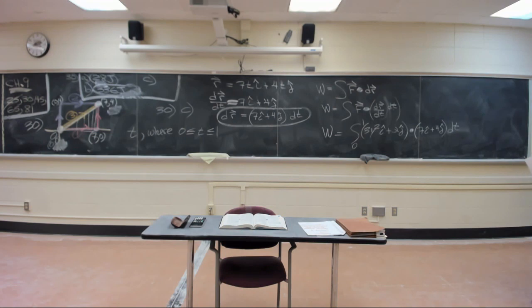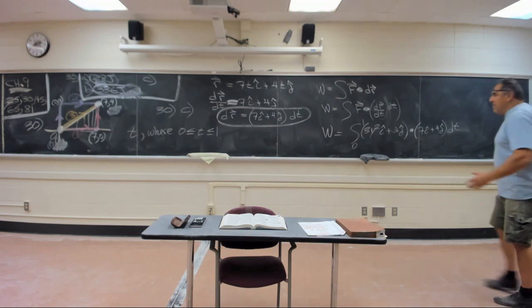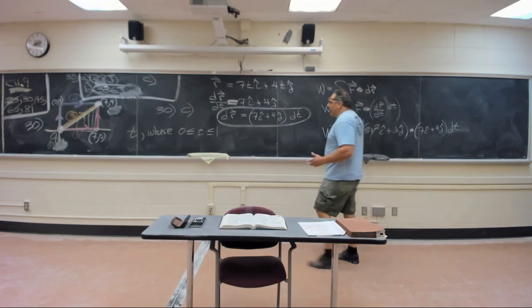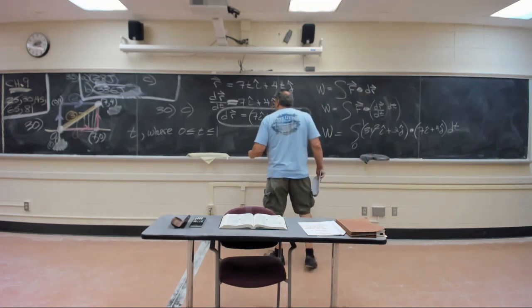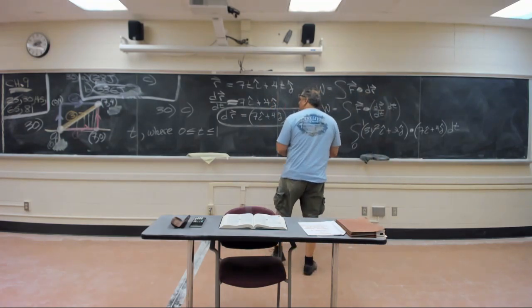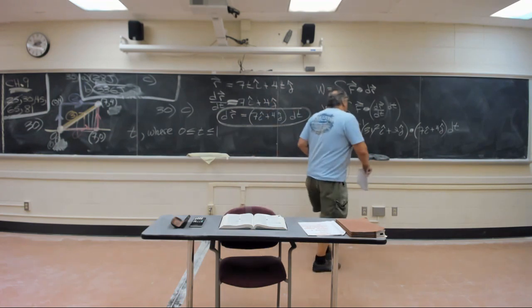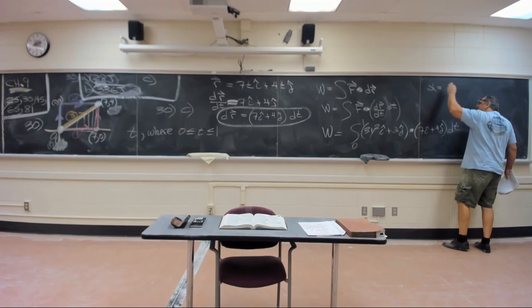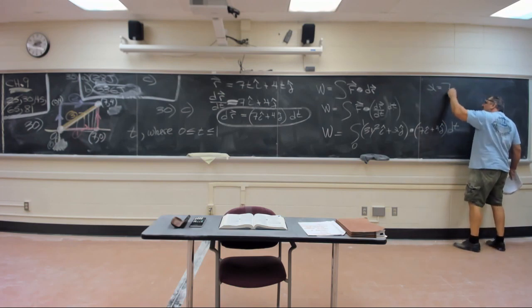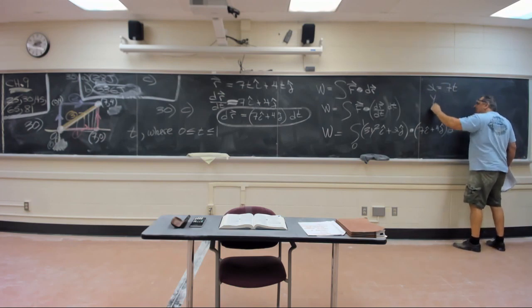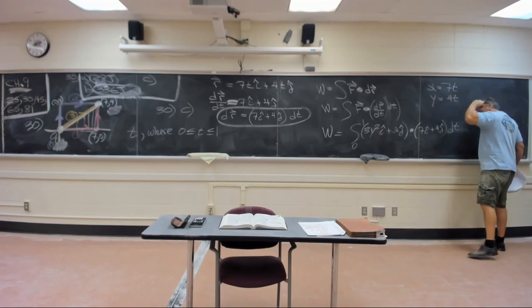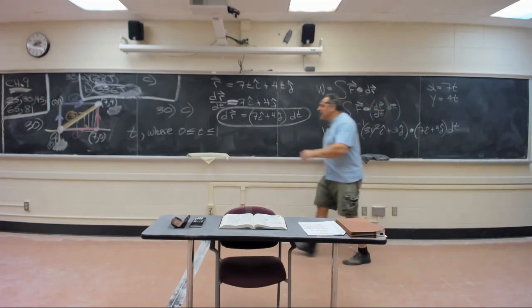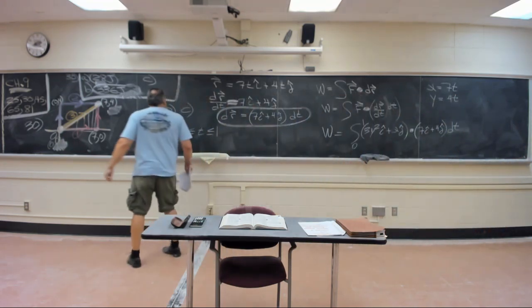Well, again, you got to remember what's what. Is this believable? Yeah, it's pretty believable to me. We kind of said, guys, that x is going to move at the speed of 7t. y is going to move at the speed of 4t. Maybe that's a better way to say it. Maybe initially I should have said it that way.